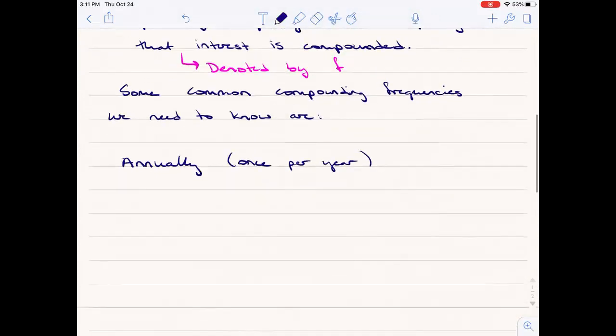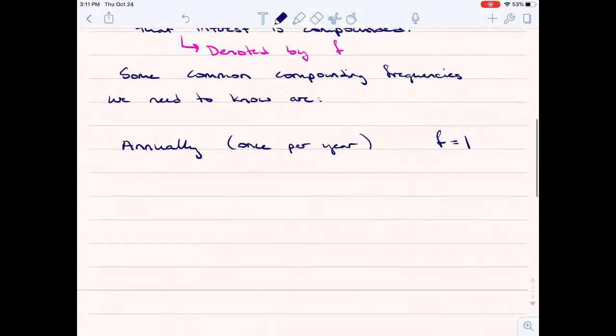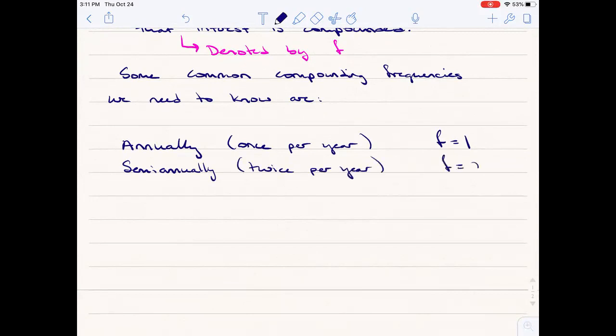So for annually, f is 1, once per year. Semi-annually, I think you guessed it, is twice per year, and f is 2.